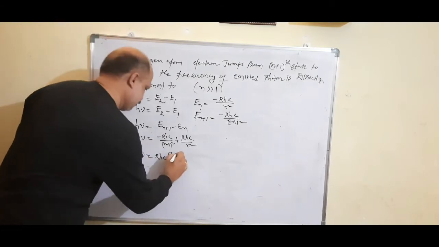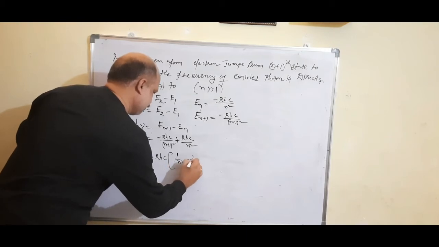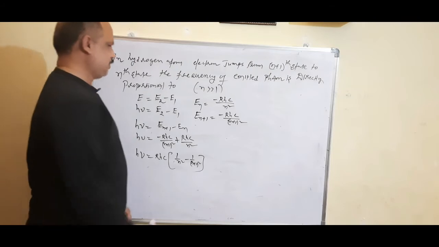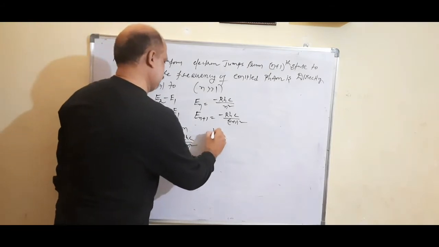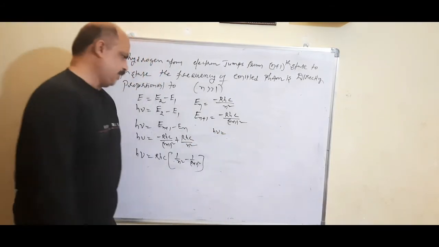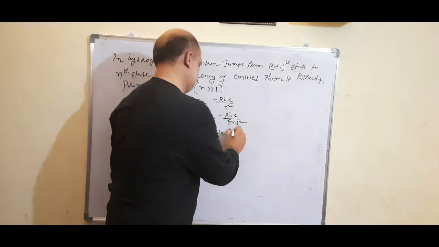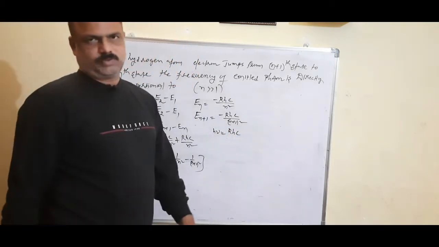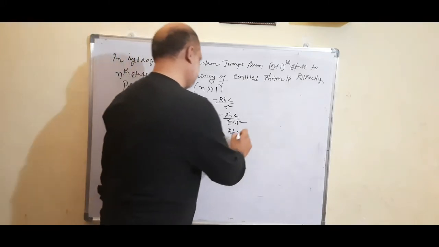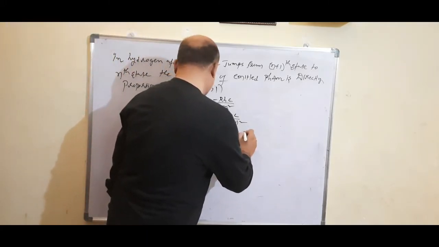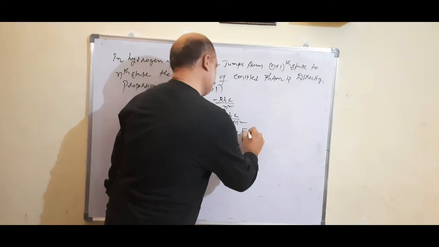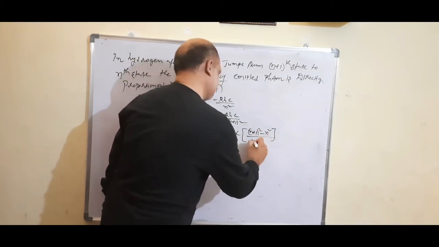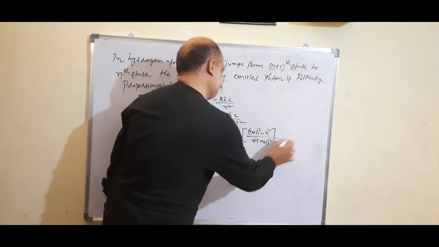What we get here is 1 by n square minus 1 by n plus 1 whole square. So h nu is equal to RhC into n plus 1 whole square minus n square divided by n square into n plus 1 whole square.